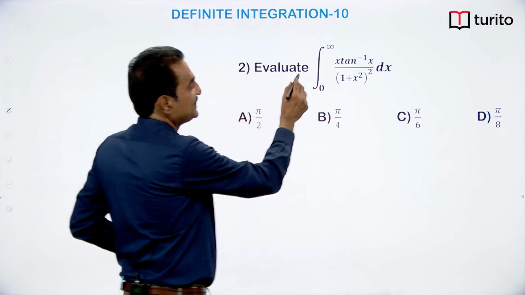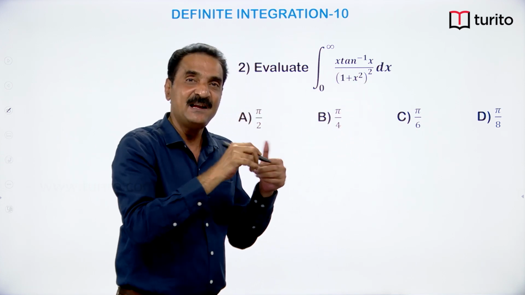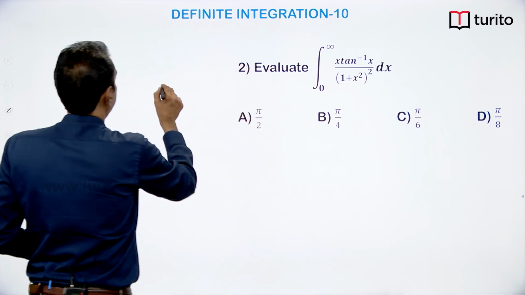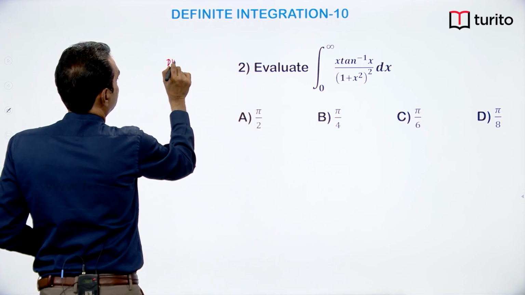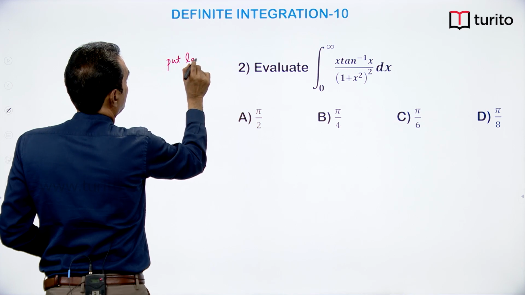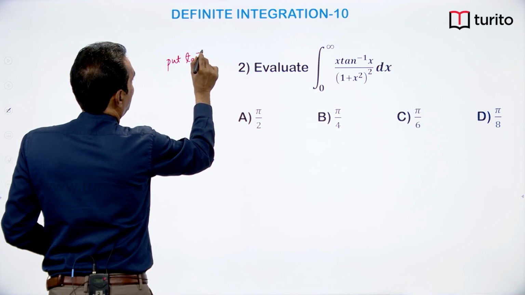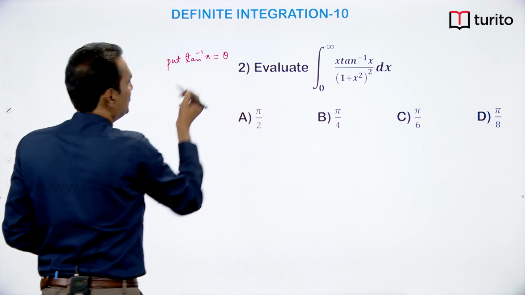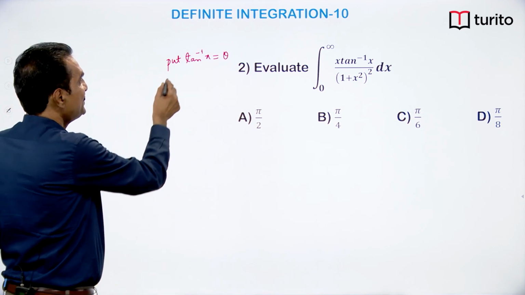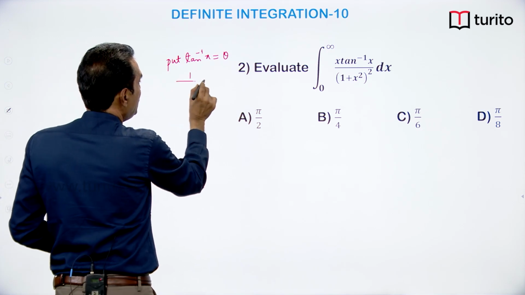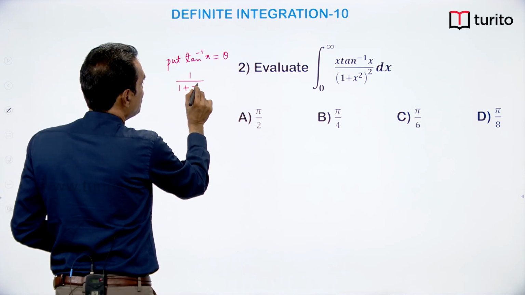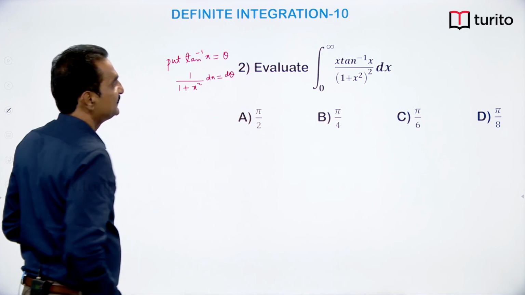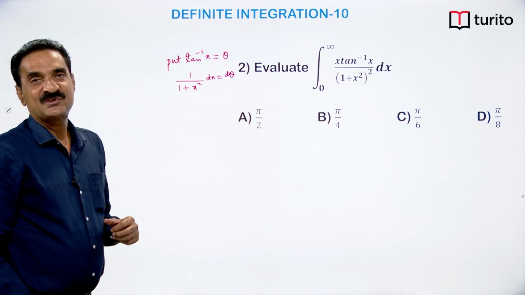If you put x is equal to tan theta, x is equal to tan theta means tan inverse x is equal to theta. Okay. So, I will substitute tan inverse x is equal to theta. Then its derivative, 1 by 1 plus x square dx is equal to d theta. What are the limits?